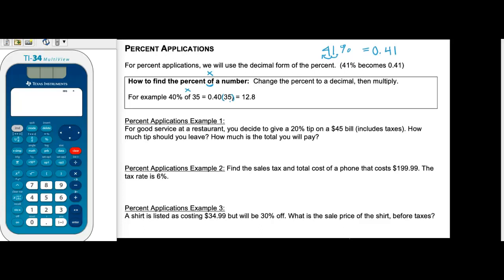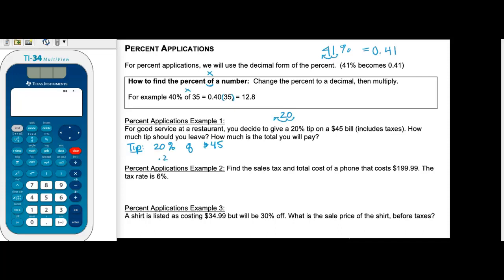Okay, so I'm going to write this out similar to how this is written out up here. For our tip, we want to find 20% of, and remember that's our key word, it means multiplication, $45. All we have to do is convert 20% to a decimal. We put the decimal in if we don't see it at the end of the number, and we move the decimal 2 spots to the left, or divide by 100.